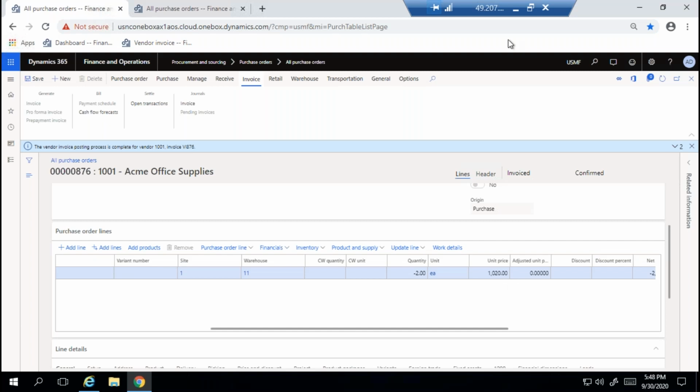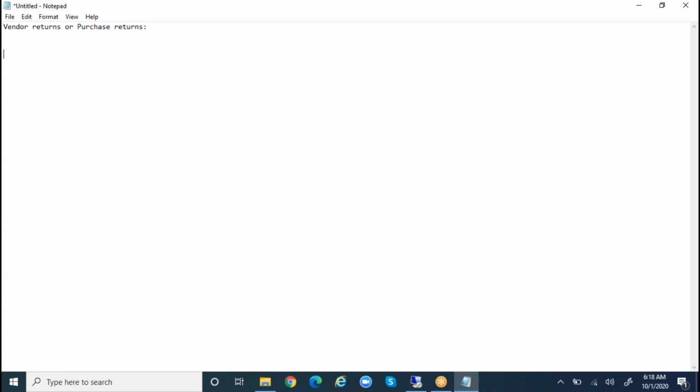This purchase return can be done in two different ways. One is you can select credit note. Otherwise you can enter manually, with quantity and item selected manually. These are the two options.